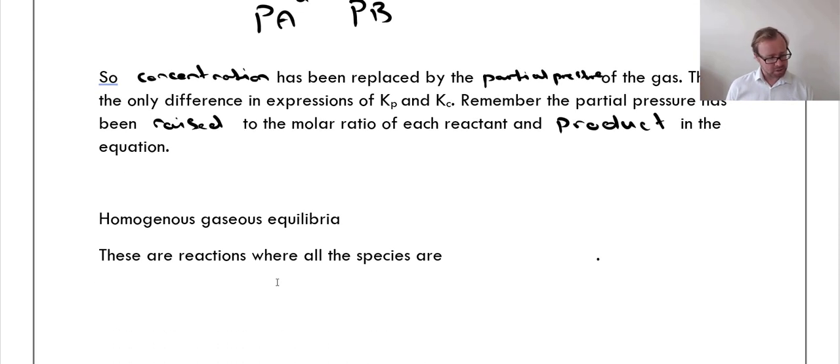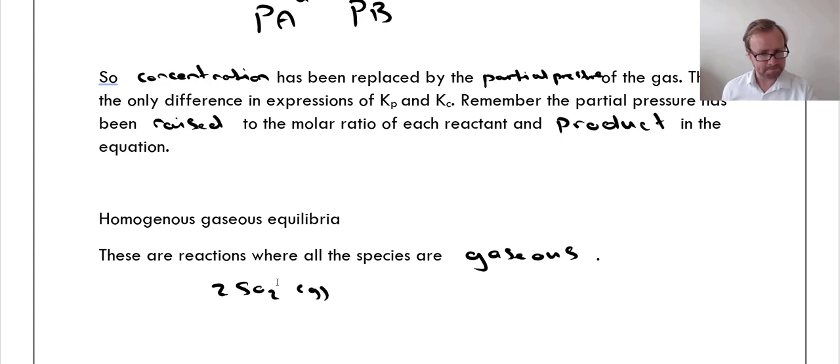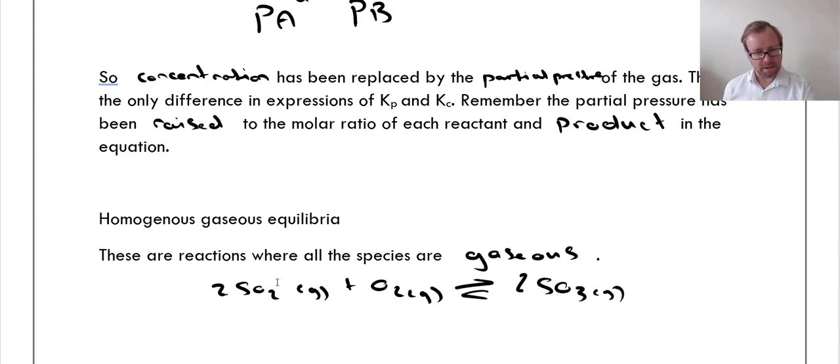Okay, so homogeneous gaseous equilibria. These are reactions where all the species are gaseous, unsurprisingly. E.g., we've already used this again, so we'll carry on using it. And this is a quick point.